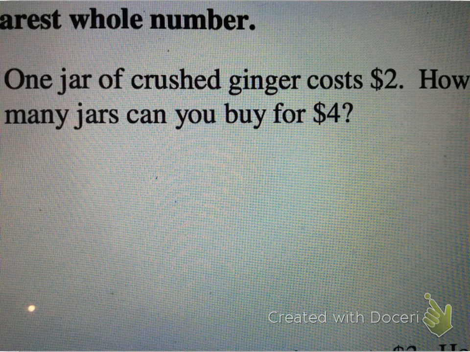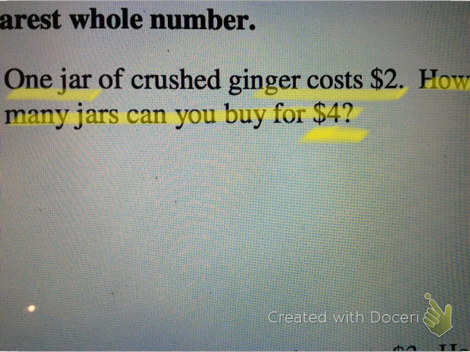Okay, so the first thing I did was annotate my paper. They asked me, how many jars can you buy for $4? Some important information that they gave me was that for 1 jar, the ginger costs $2. They want to know how many jars I can get for $4.